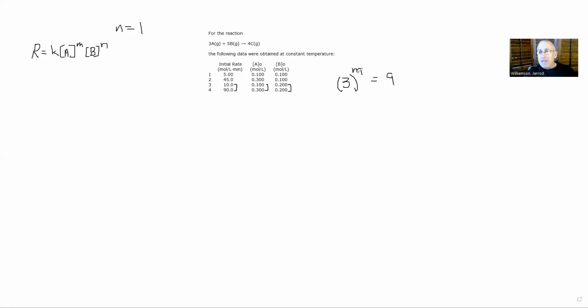That implies to me upon inspection that m is, if I'm doing it right, I hope I'm not having a brain fart here, that implies m is 2 on inspection. Triple the concentration, how do I get 9? That's if m is 2.